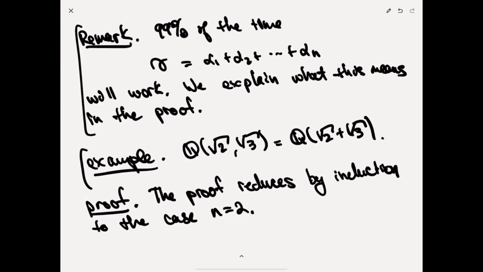I'm just going to leave this as an exercise. It's not the hardest exercise, but it would just waste some time. So the many-element case reduces to the case where you have two elements.